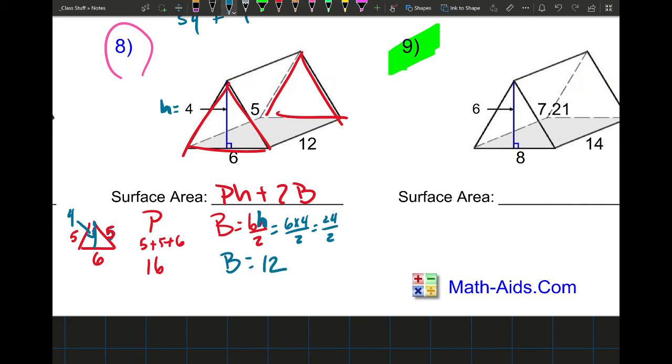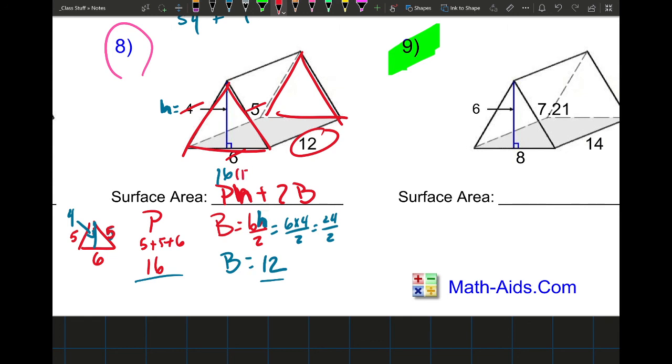Now all I gotta do is substitute these values back into the formula. So instead of P, I'm gonna use 16. Now, what numbers have I used? Well, I already used the 6, I already used the 5, I already used the 4. The only one that I have not used is the 12. So that must be right here, this edge right here, the height of the prism.